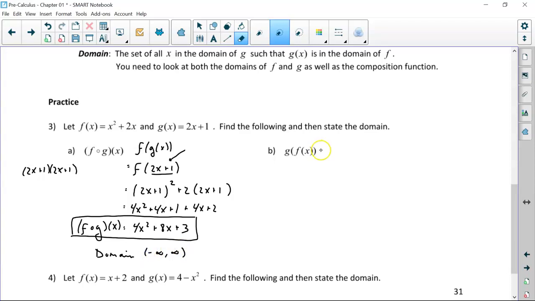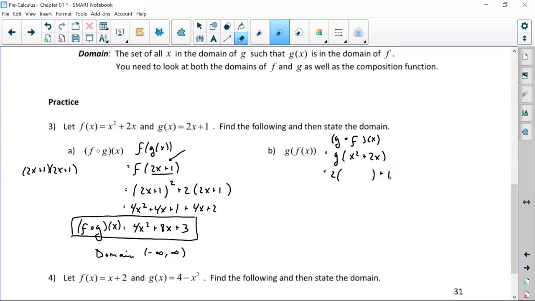For part B, we're doing g of f of x, or g of f with the little open dot of x. So it's going to be the function g of x squared plus 2x. It's all about substitution. So in function g, it's 2 times x. Instead of writing x, I'm going to leave it open with some parentheses, plus 1.